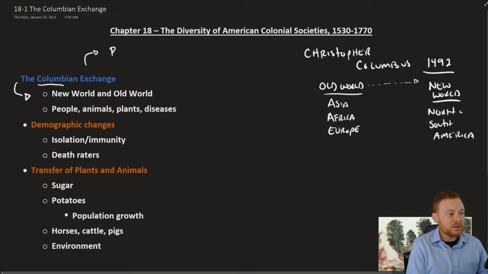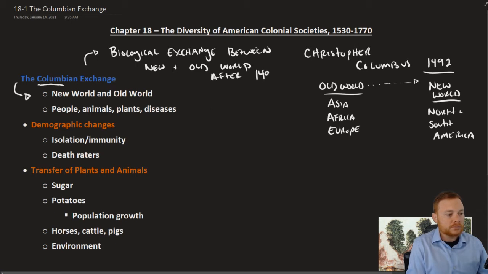So it is the biological exchange between New and Old World after 1492. Right, that is the standard textbook definition of what the Columbian Exchange is.